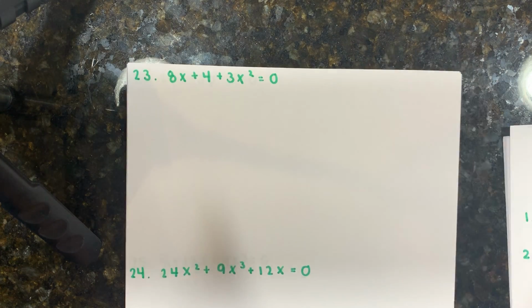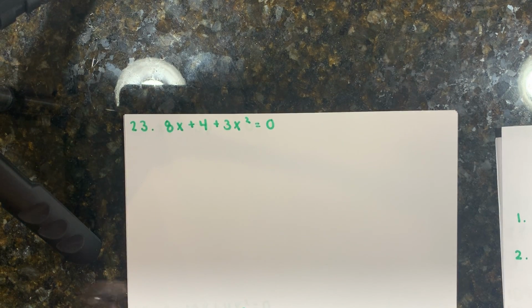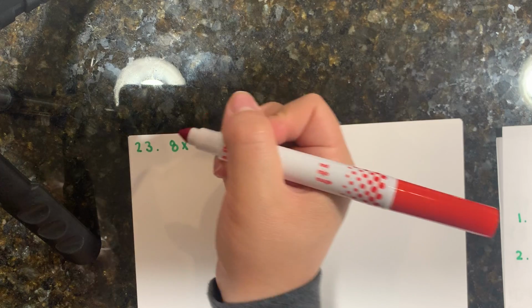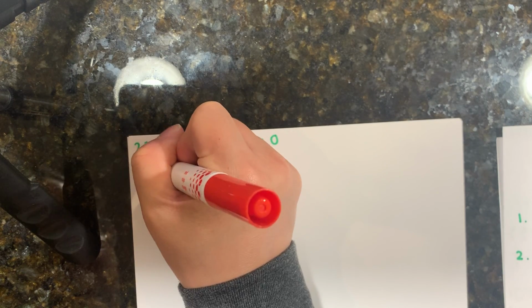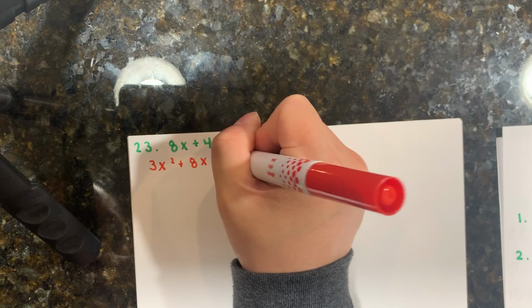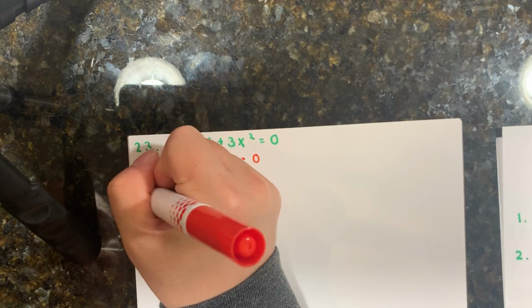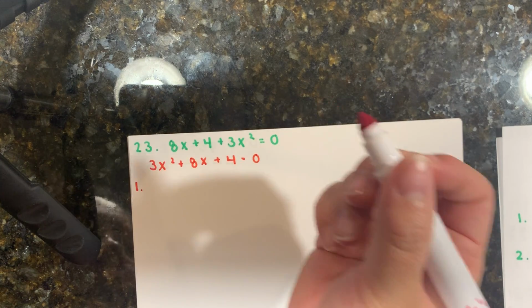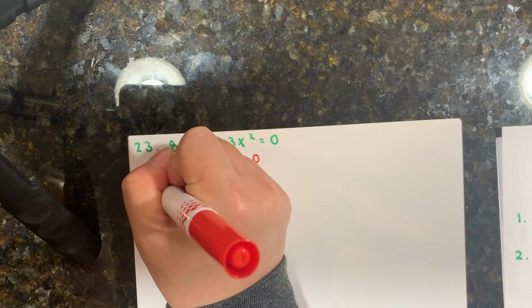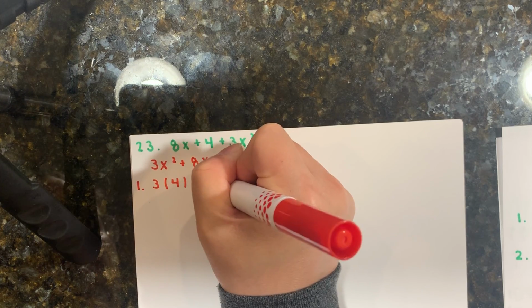Now moving on to number 23, what I'm going to do first is write this in descending order. So I have 3x squared plus 8x plus 4 equals 0. Step 1, multiply the first term times the last term. First term is going to be 3, last term is 4, so it's 12.